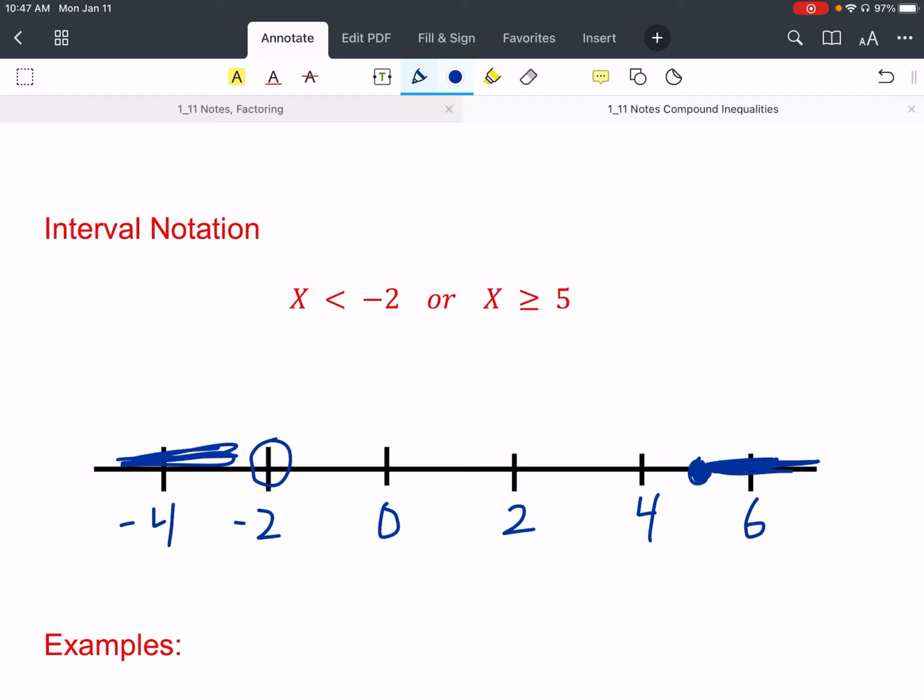So our interval notation is going to have two sets, because if we read from left to right, we have negative infinity over here. So our first set is going to be, and we have a parenthesis, negative infinity to -2.